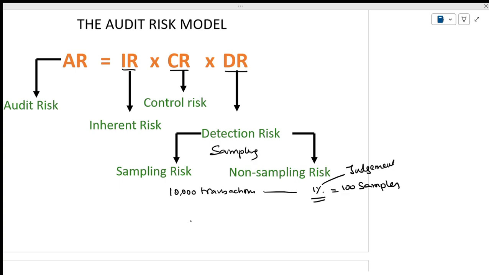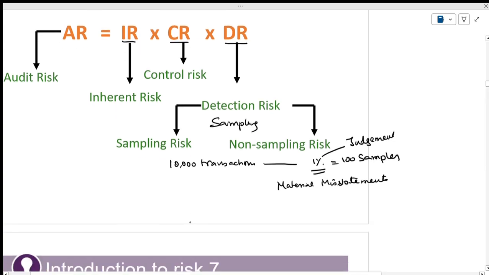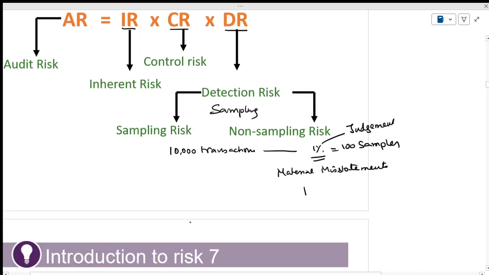In most of the cases, we are talking about material misstatements. I am giving both scenarios from the examination. One side, you have taken 100 samples.